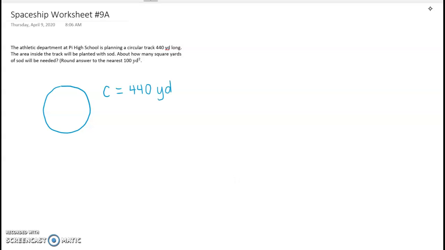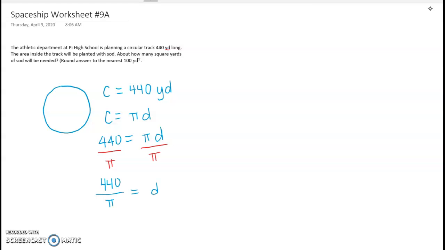So normally we say that circumference is pi times the diameter, or we could say 440 is equal to pi times the diameter. If I divide both sides by pi, I get that 440 over pi is equal to the diameter.